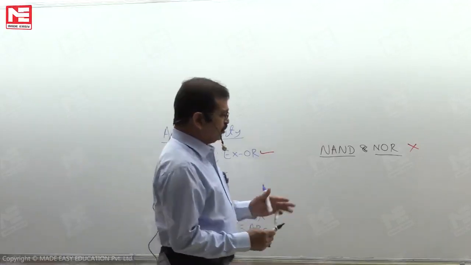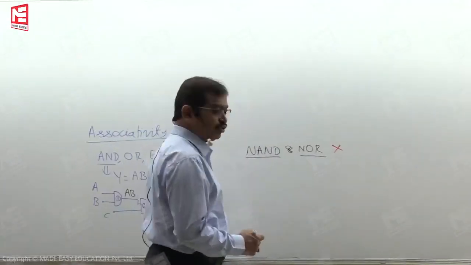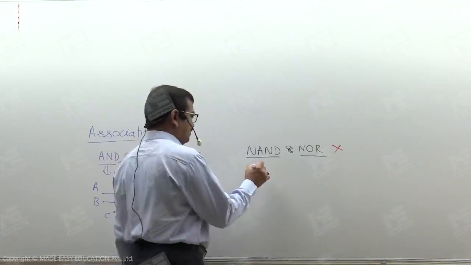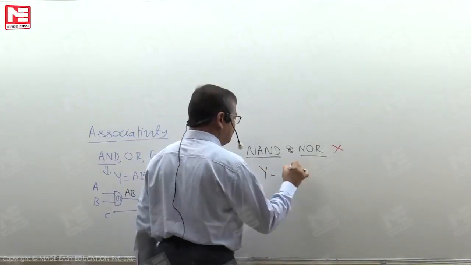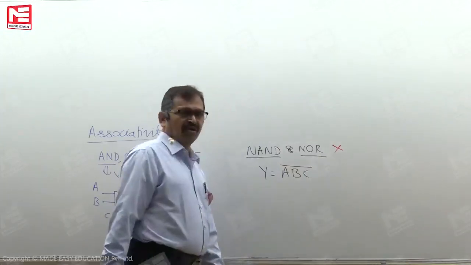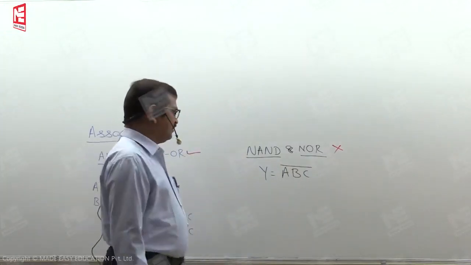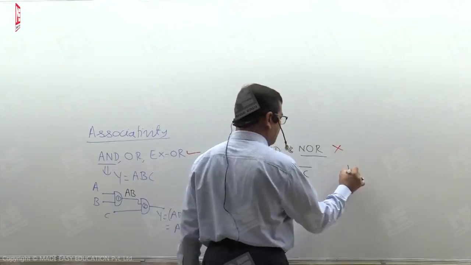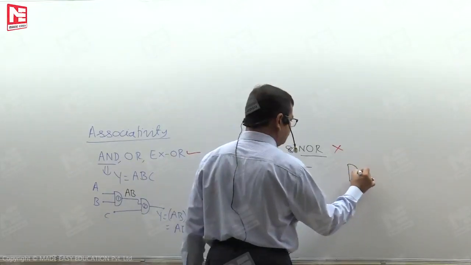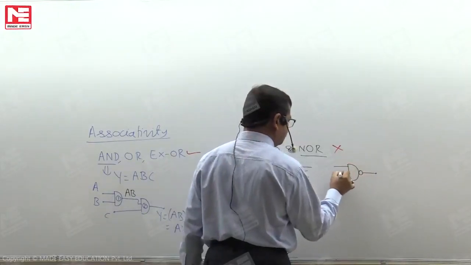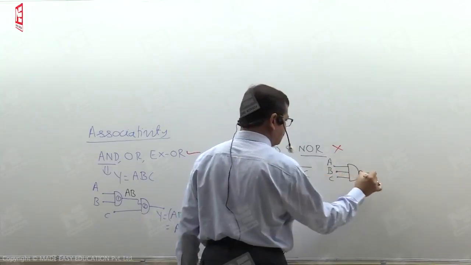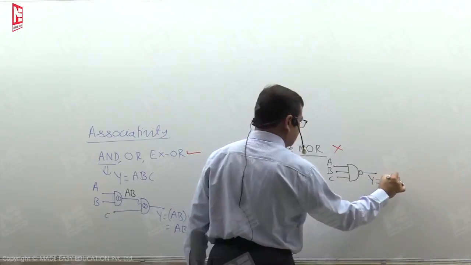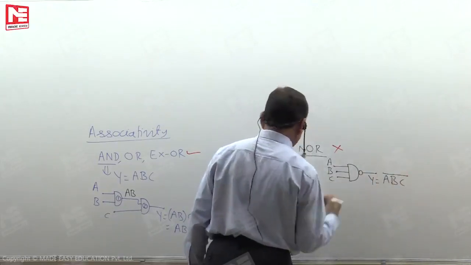But if you look at NAND and NOR, associativity is not valid. Suppose on the variables A, B, C we have the NAND operation. This NAND result on ABC we get by using a 3 input NAND gate.